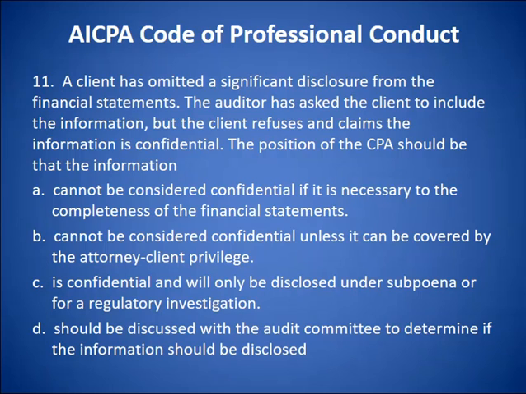However, the auditor's kind of caught in a dilemma because the auditor's opinion is that information needs to be there to make the statements basically to ensure that the financial statements are fairly stated. So in this case, the position of the CPA should be that the information, and you're given 4 alternatives. Again, stop the video, analyze your alternatives, and when you're ready, go ahead and restart the video.